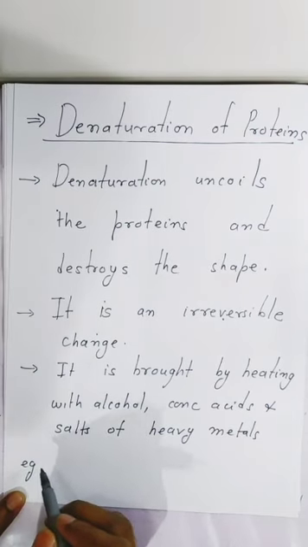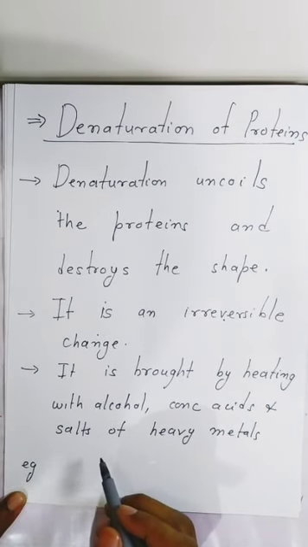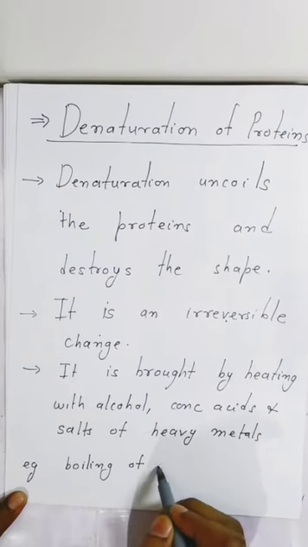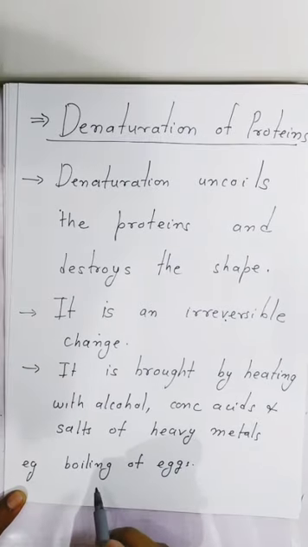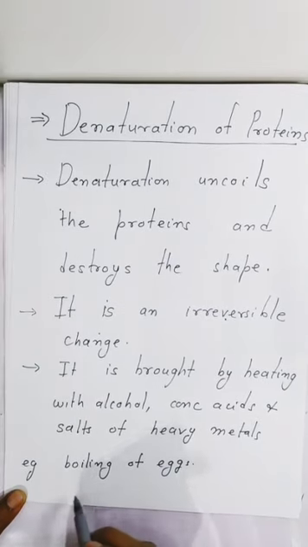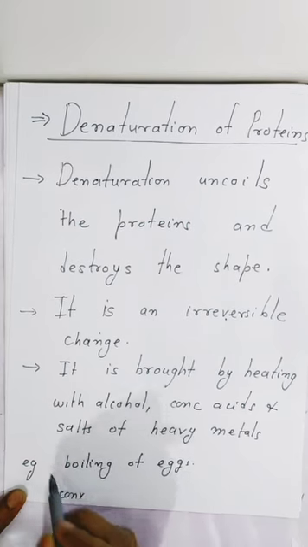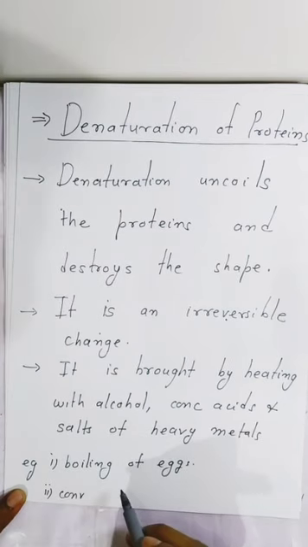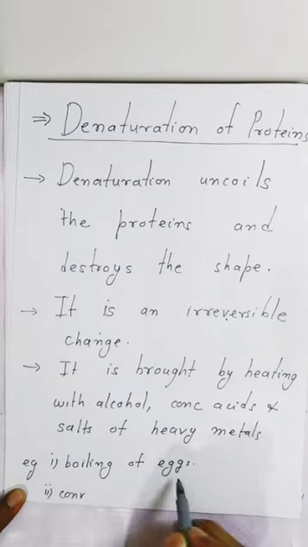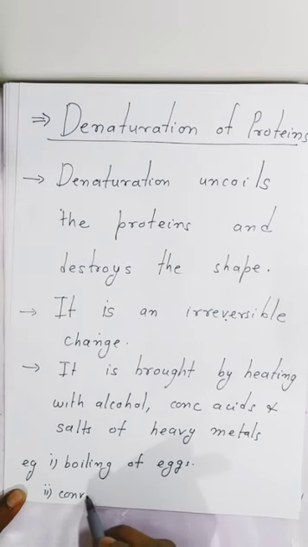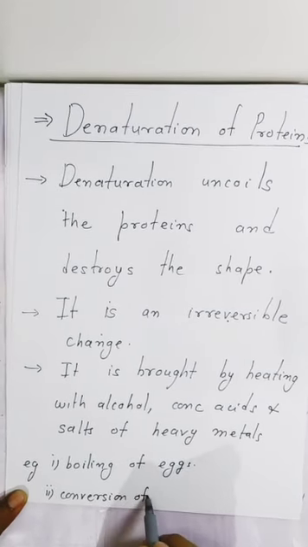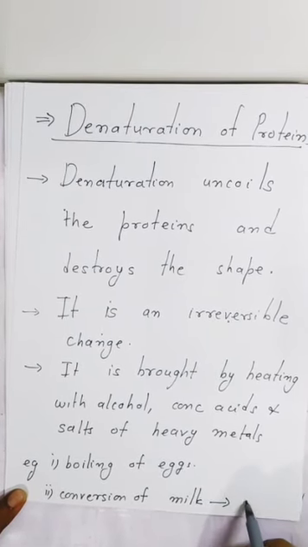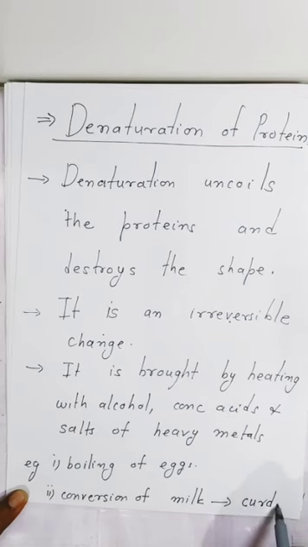Examples, students: boiling of eggs, first example. Second, so many examples are there in day-to-day life. Boiling of eggs, conversion of milk to curd. This is because of denaturation of proteins.